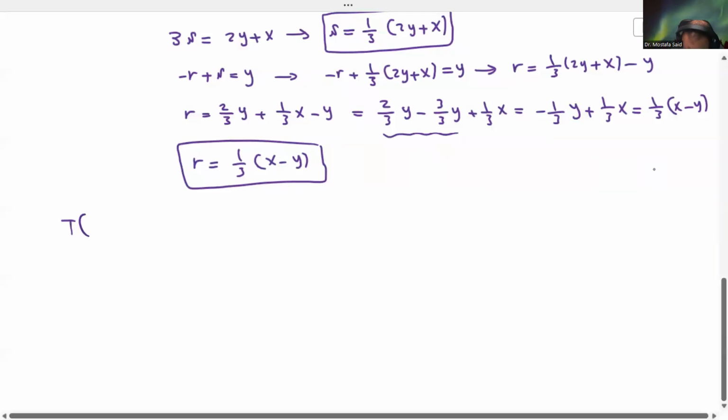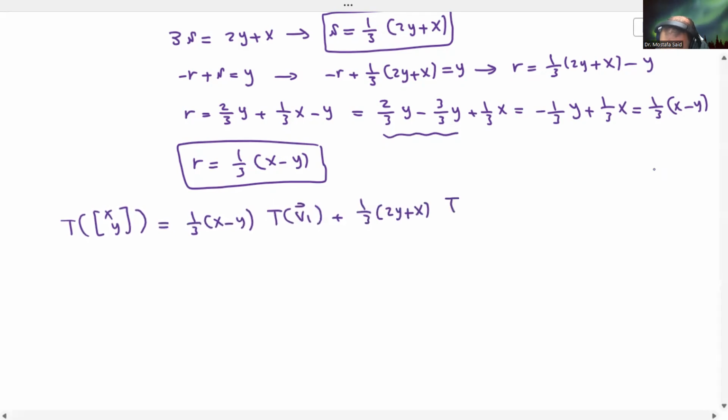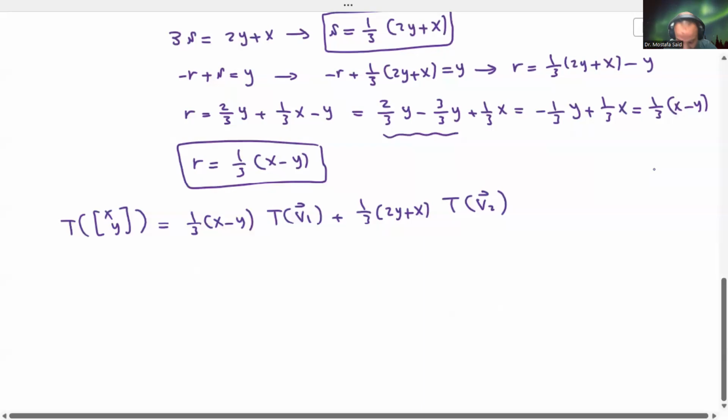So basically, T of v, where v here is general, equals 1/3 (x minus y) multiplied by T of v1, plus s, which is 1/3 (2y plus x), multiplied by T of v2. Okay, and what is that? This is basically T of v.